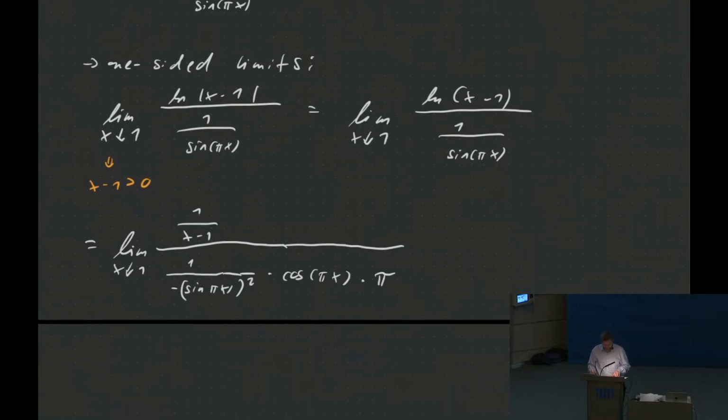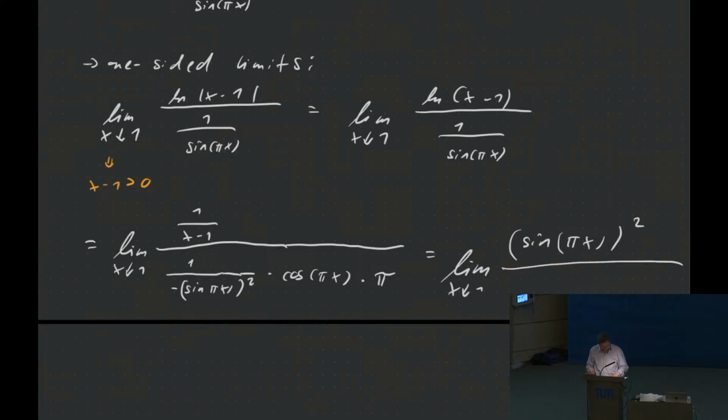All right, let's rewrite that to make it a little simpler, hopefully. So basically we have the sine in the numerator, sine pi x squared. And in the denominator we have all the rest, so this is, I also put the minus sign in here, minus x minus 1 times pi times cosine of pi x.